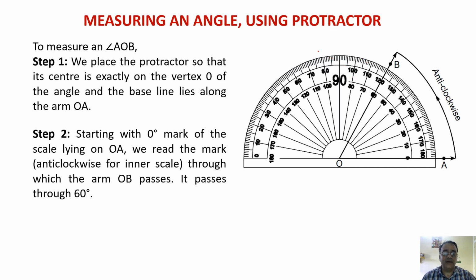Through which the arm OB passes, it passes through 60 degree, देखो यहाँ पे 60 डिग्री, so that means angle AOB is equals to 60 degree. So in this way we have to measure an angle, okay.